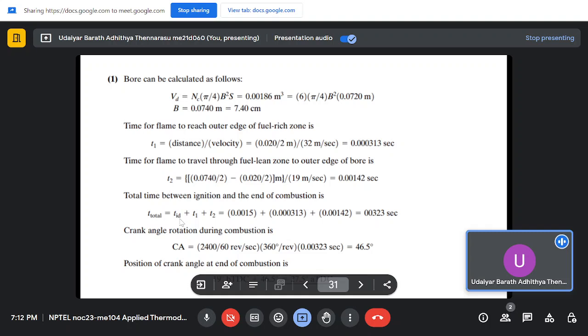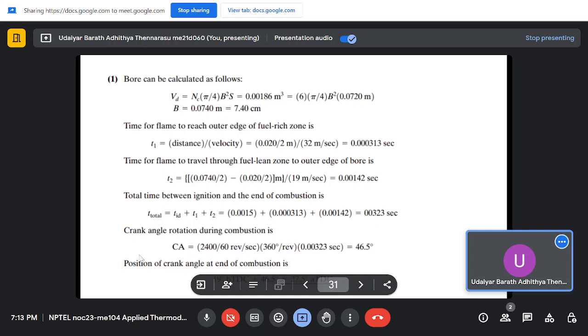So the ignition delay time is 0.0015, plus 0.000313, plus 0.00142, which gives 0.00323 seconds.